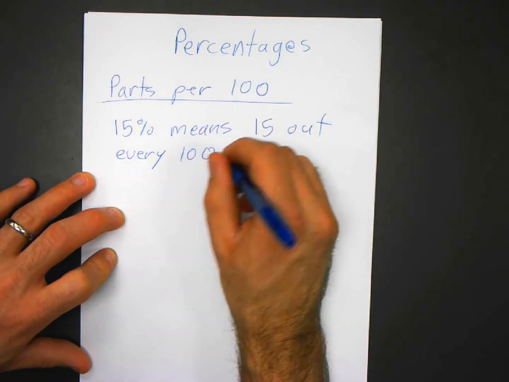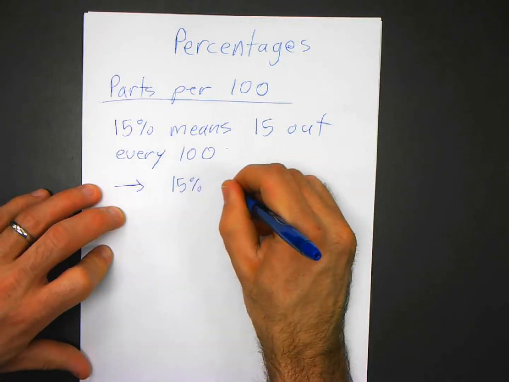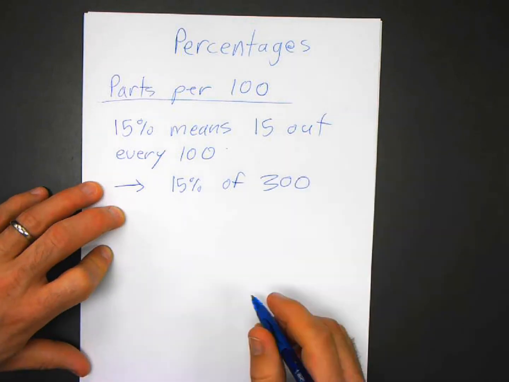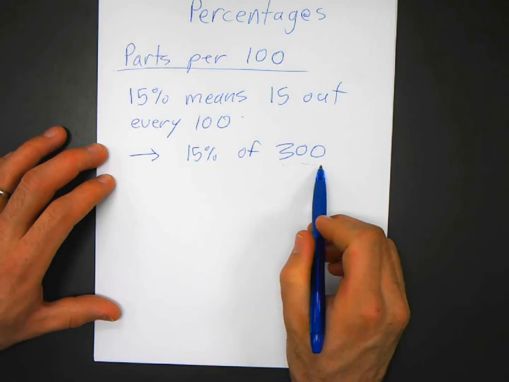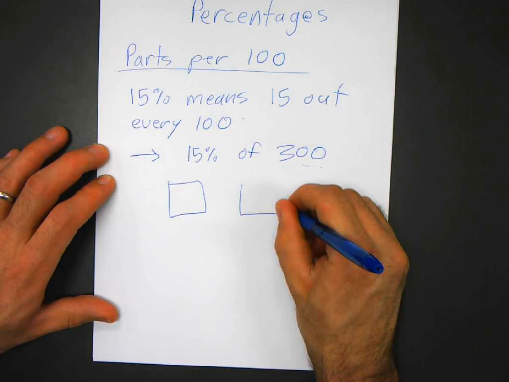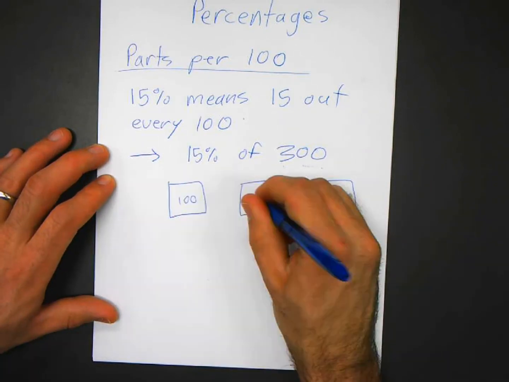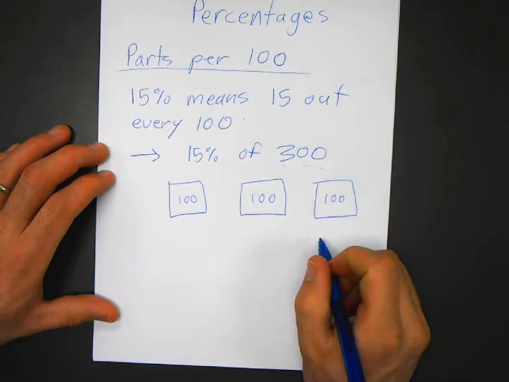Okay, so that could mean like 15% of 300. So we could look at that and go, well, 300, that's 3 100s. So that's like 100, 100, and 100. I'm going to label all these. So it could be like 3 $100 bills, for example.